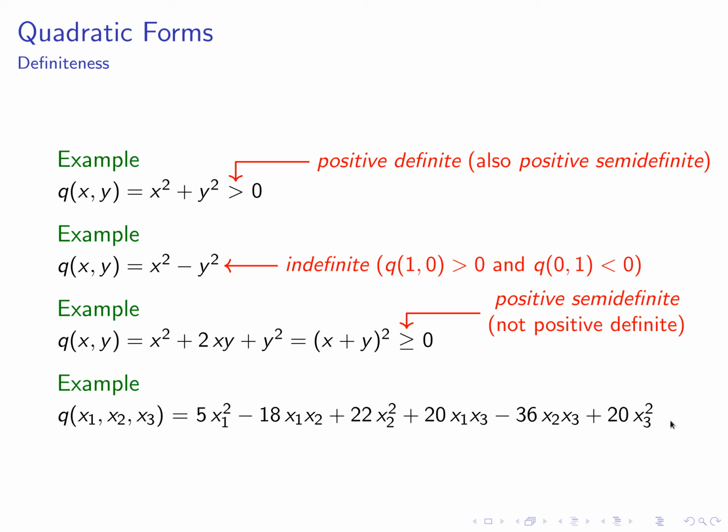It doesn't take long to stare at this example and realize that the problem here is extremely difficult. In our previous 3 examples, we were able to eyeball them and determine what signs the outputs might be. But for this example, it's much more difficult to see. So the moral of the story here is that, in general, finding the definiteness of a quadratic form is actually quite difficult.